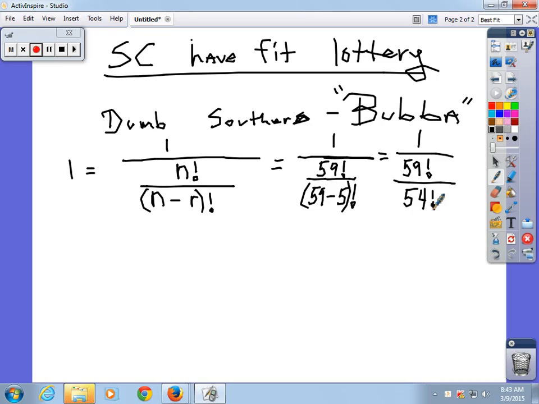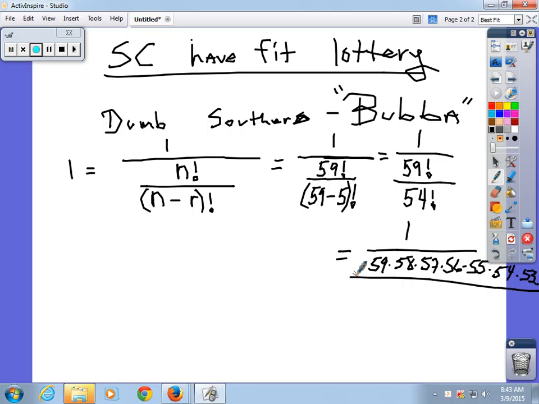Okay, let me draw it. 59 times 58 times 57 times 56 times 55 times 54 times 53 and so on, dot, dot, dot, over 54 factorial times 53 times dot, dot, dot. What happens to 54 factorial? Thank you. All that cancels out.